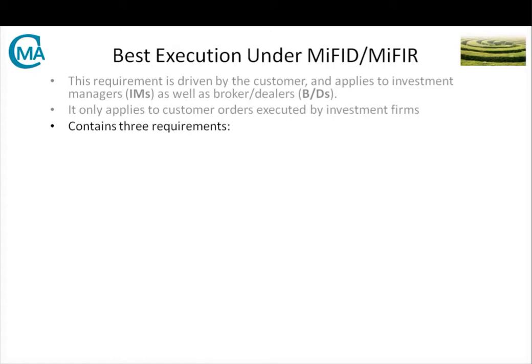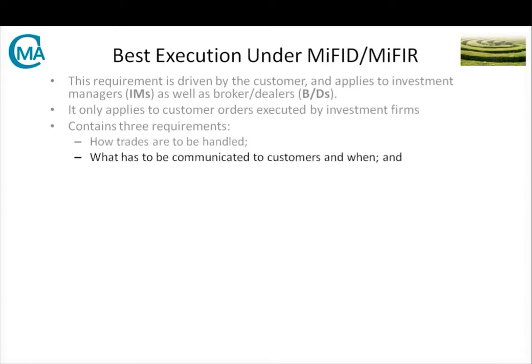So firms are starting to say, if I move much more to a bid offer customer executes versus doing orders, less of this will apply. But it has three main requirements in it. The first is how trades are going to be handled, and that's something that most jurisdictions say something about, so that's not too new.